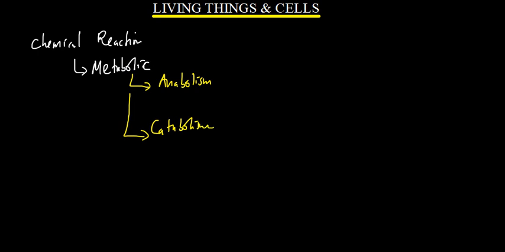You need to know the difference between these. Anabolism are reactions where you are having large molecules being made. So basically, this is making of large molecules from simple ones. For example, we can talk about photosynthesis.